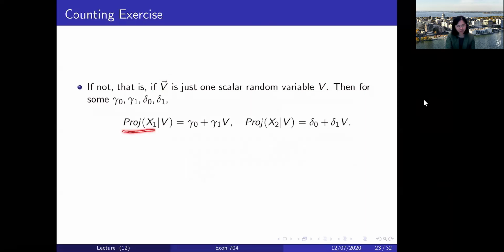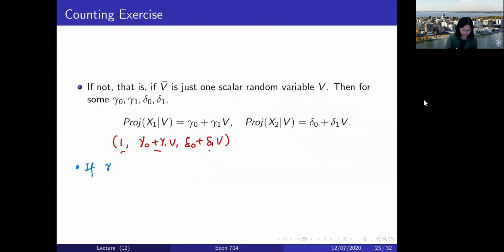The projection of X1 on V is this linear function of V, and the projection of X2 on V is this linear projection. And necessarily, there will be a perfect multicollinearity among these three random variables, these three components. Why is that? We can discuss.